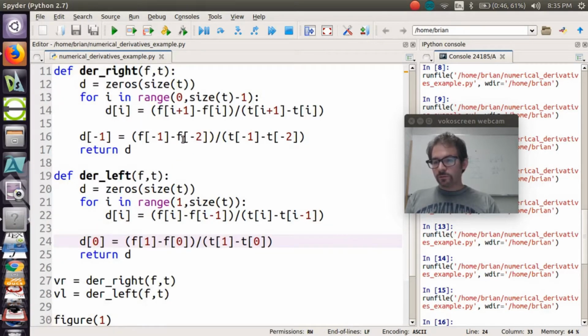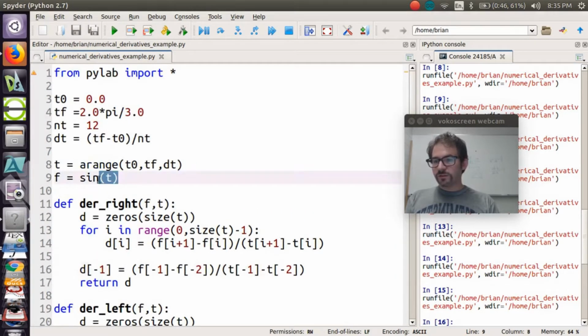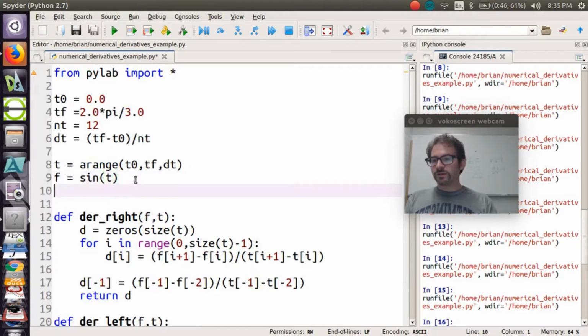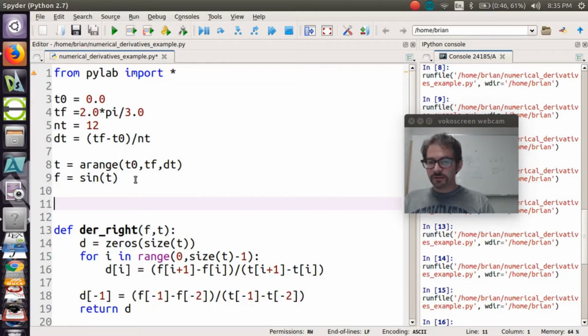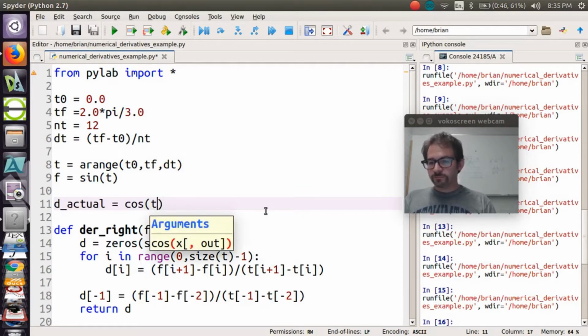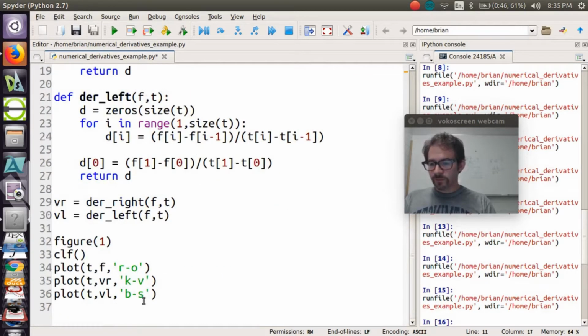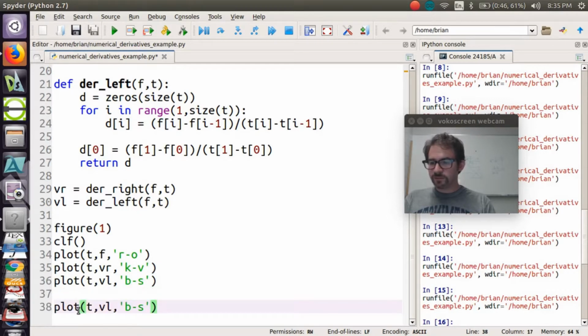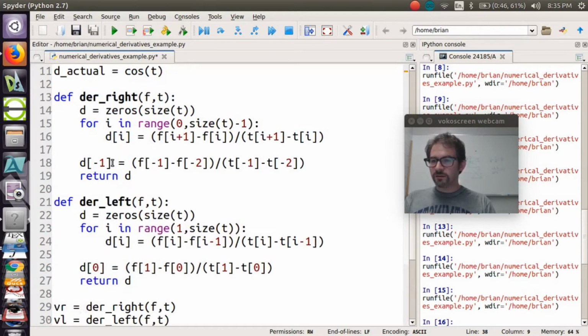I happen to know that the derivative of the function I've chosen here, sine, the actual derivative is cosine. So I can say d actual equals cosine of t, and plot that here. Plot t and, what did I call it?